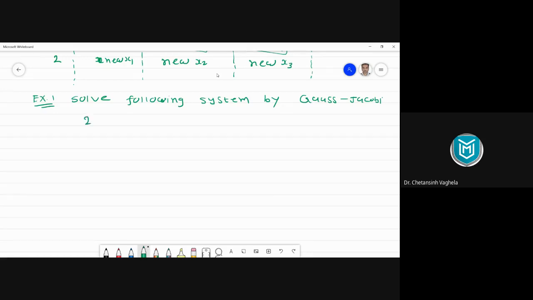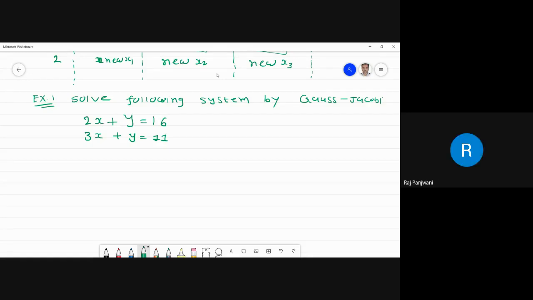So my first equation is 2x plus y is equal to 16, and my second equation is 3x plus y is equal to 11, right? So it's a simple 2 by 2 system. Now, can anyone tell me whether this system is diagonally dominant or not? Is it diagonally dominant?